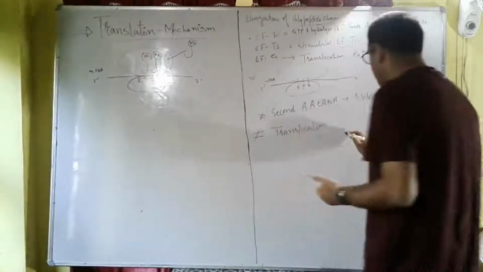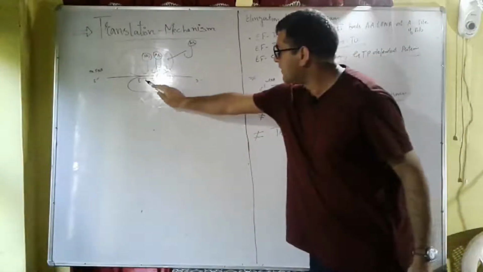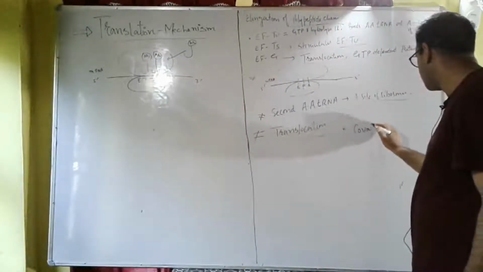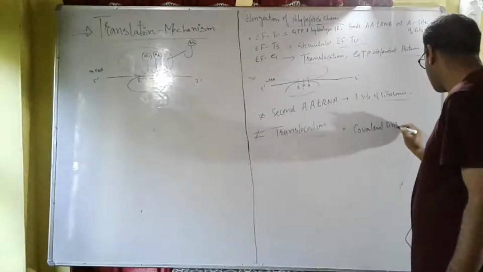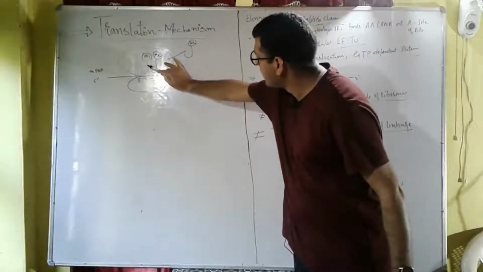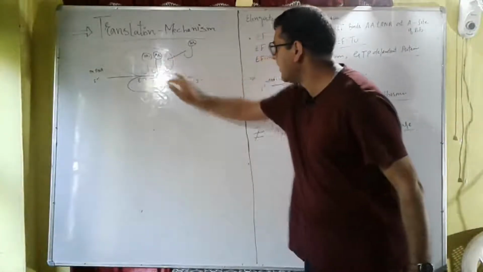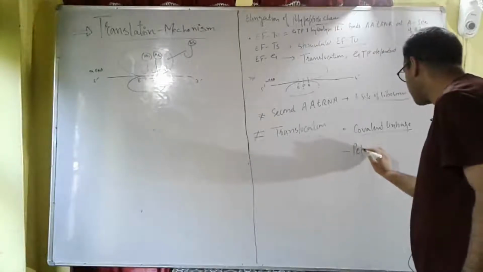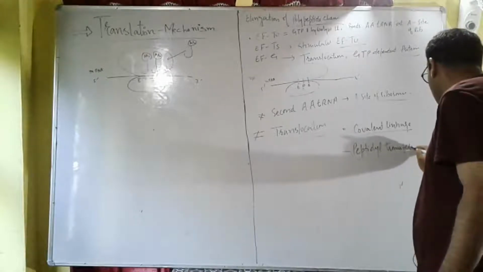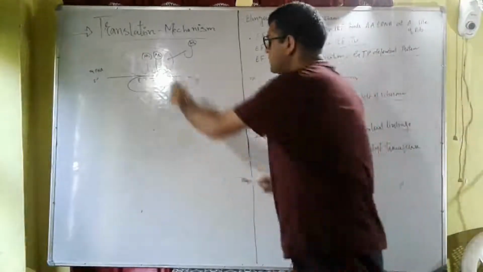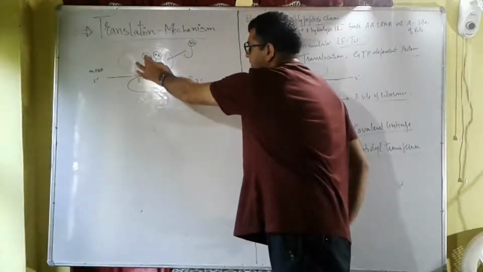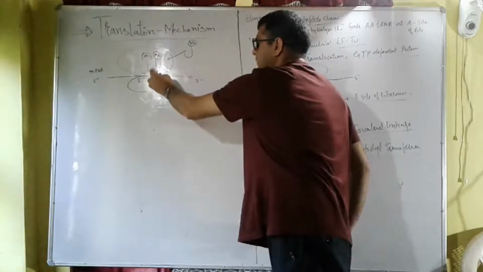So what will happen? This covalent linkage between the tRNA and its amino acid is broken, and then this peptide transferase forms the peptide bond between the first amino acid and the second amino acid at the A site.